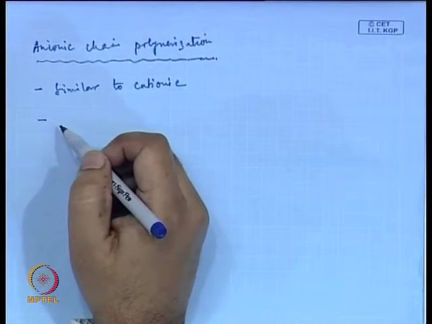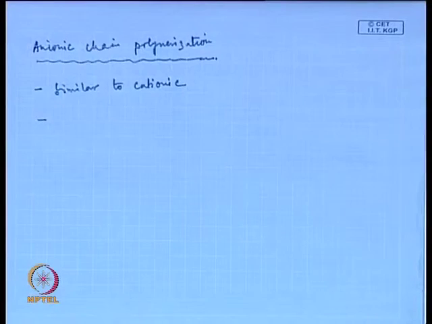One difference is that the difference in the activity of these different ion pairs is much stronger in the case of anionic chain reactions. Which means that the difference in reactivity of a free ion and, say, a tight ion pair is much more important in the case of anionic chain polymerization than in the case of cationic chain polymerization.